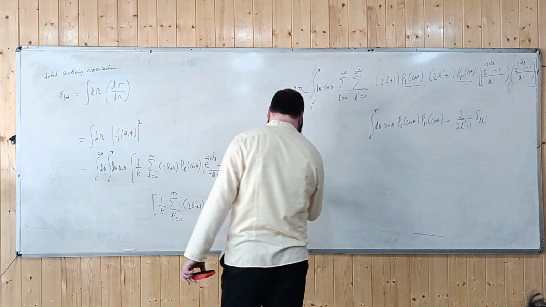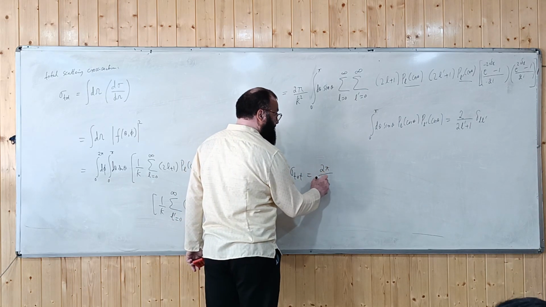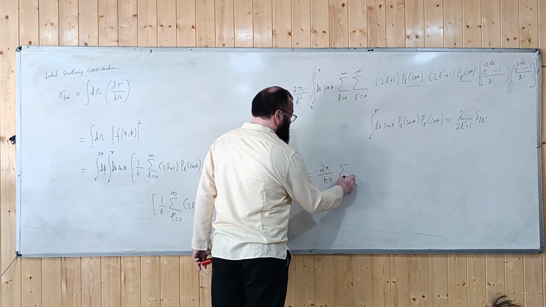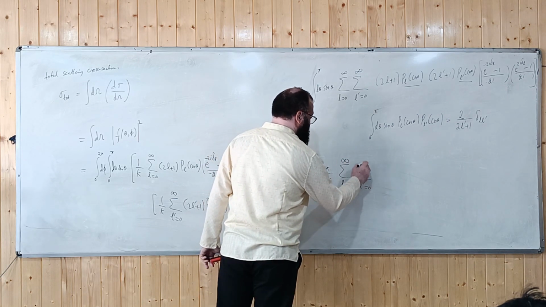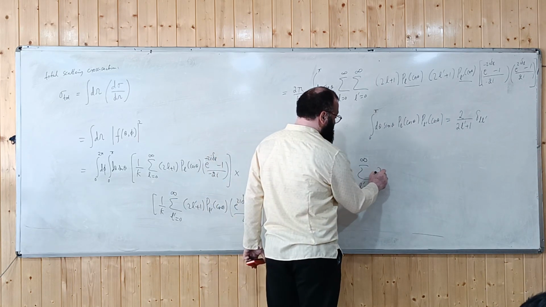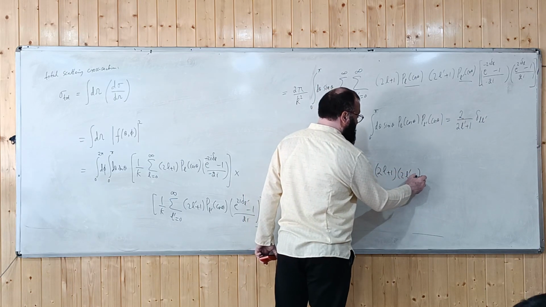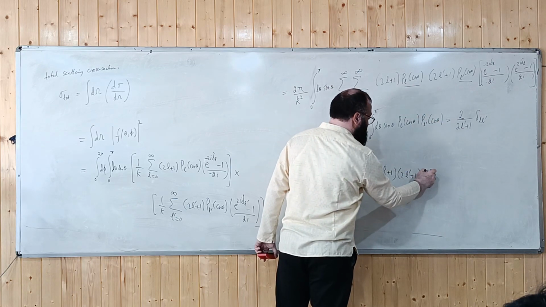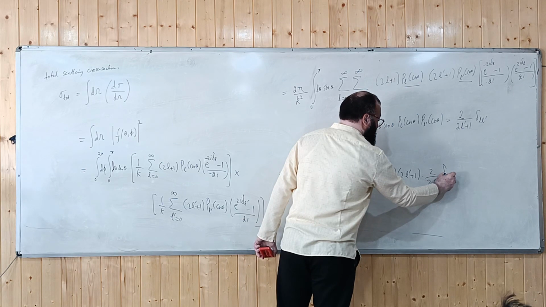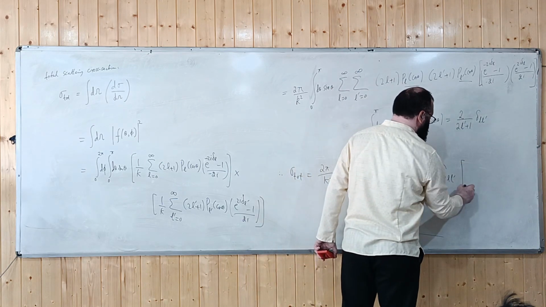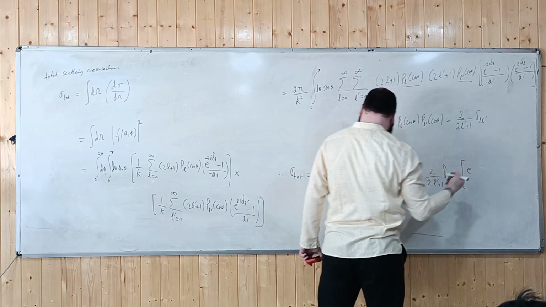So therefore I can write this sigma total equal to 2 pi by k square, summation of L equal to 0 to infinity, summation of L prime equal to 0 to infinity. You have 2L plus 1, 2L prime plus 1. Then out of these things, 2 by 2L prime plus 1 delta L L prime. Then you have this factor: 2 into 2, it's plus 2, it is 4.